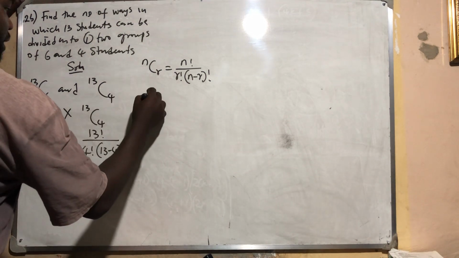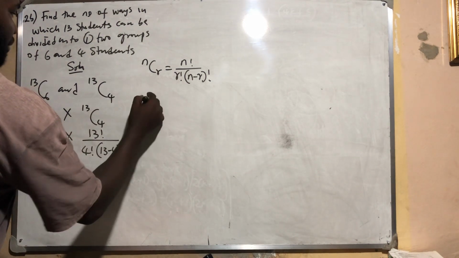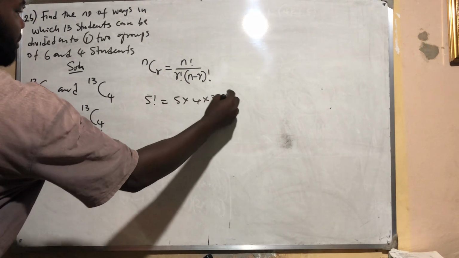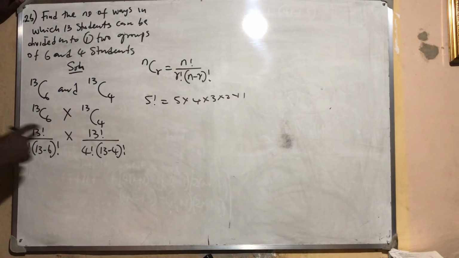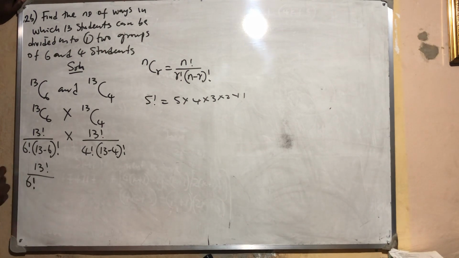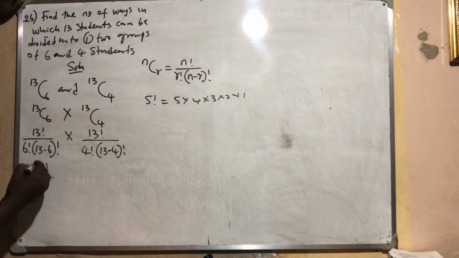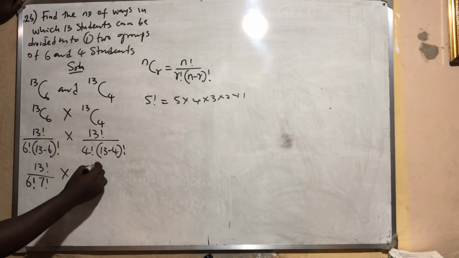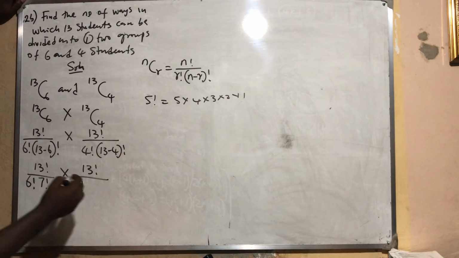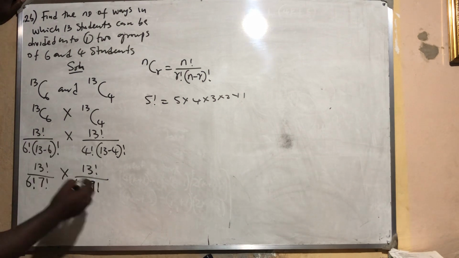Let me use 5. 5 factorial simply means 5 times 4 times 3 times 2 times 1. So I'm having 13 factorial all over 6 factorial and 7 factorial, times 13 factorial all over 4 factorial, and 13 minus 4 is 9 factorial.